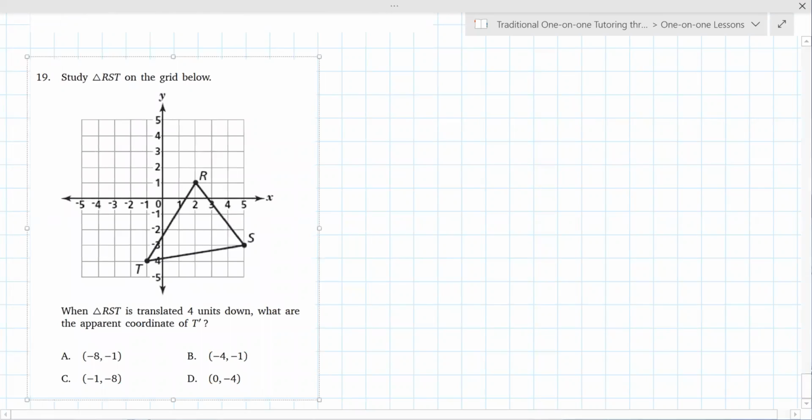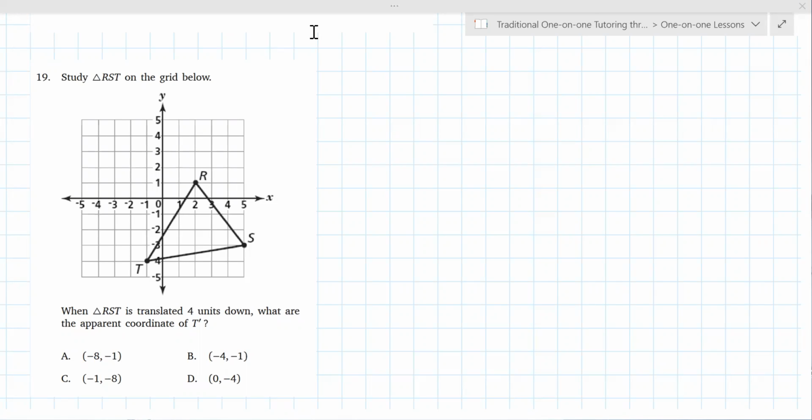All right, go ahead and take a look at this, please. -1, -8. Okay.